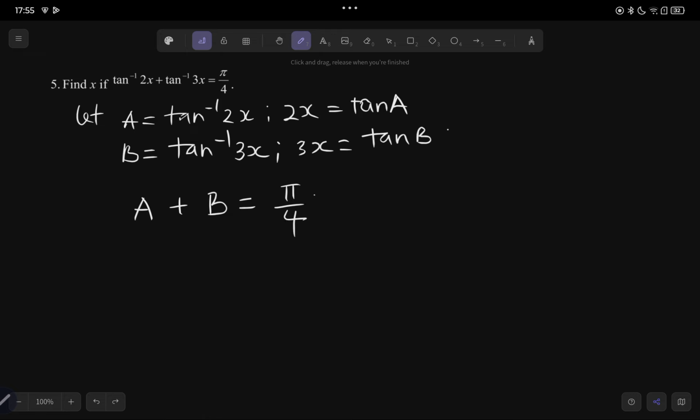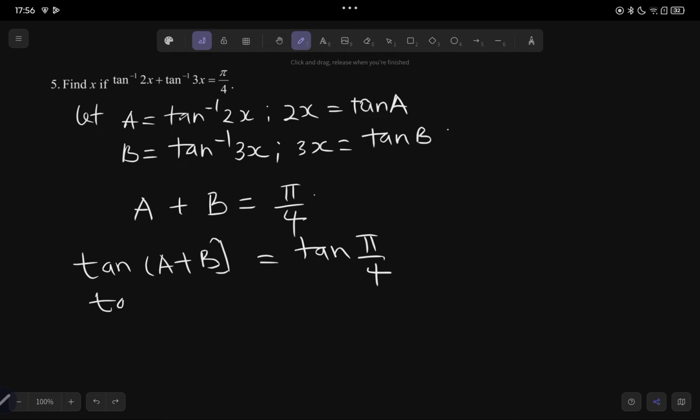Then we introduce now tan. Since we have tangents only, even if we don't have the tan inverse on the right, what we have up there is tan and tan. In addition formulae, we can only use these tans in tan of A plus B. So we introduce tan of A plus B is equal to tan pi out of 4.